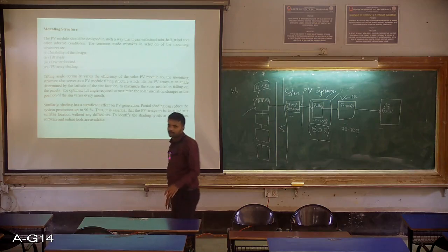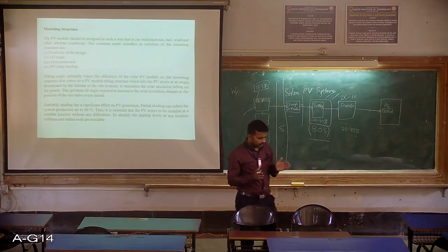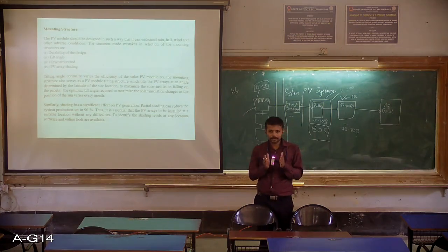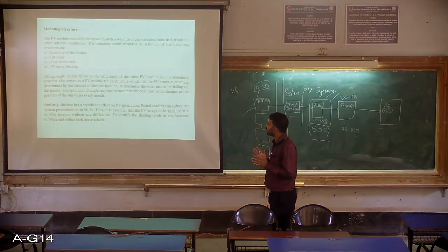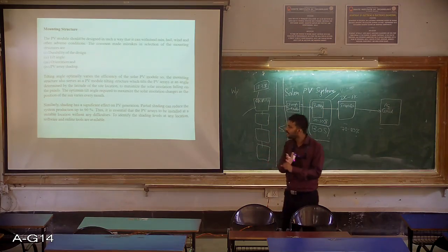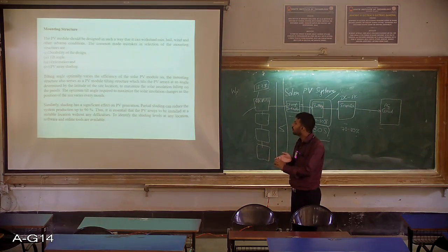If we want to use the proper mounting structure, all these 4 points are to be considered. We should know the durability of the design, the tilt angle, the orientation, and the PV array shading.